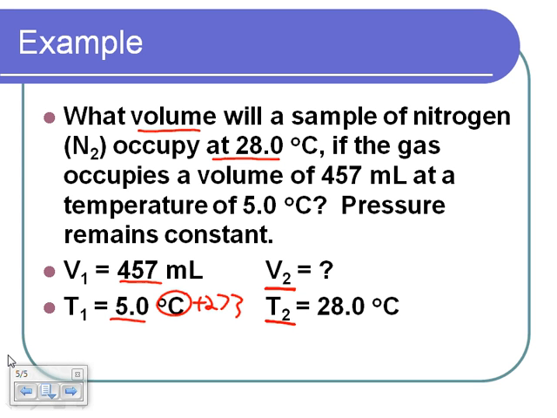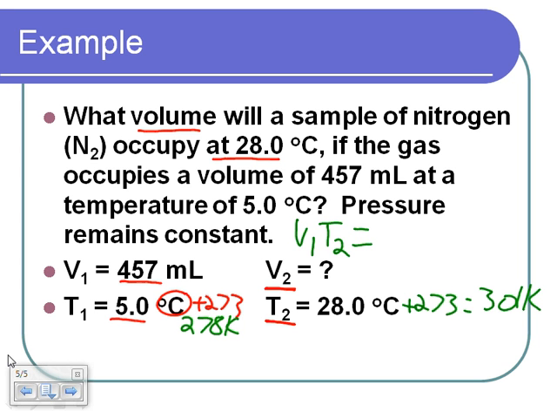So for this first one, that will be 278 K. For the second one, we add 273, and we will end up with 301 K. So again, everything needs to be in Kelvin before we do anything. Then the next thing we want to do is write down our formula. We will have V1 T2 is equal to V2 T1. There's our formula. Now we have our knowns and unknowns sitting here.